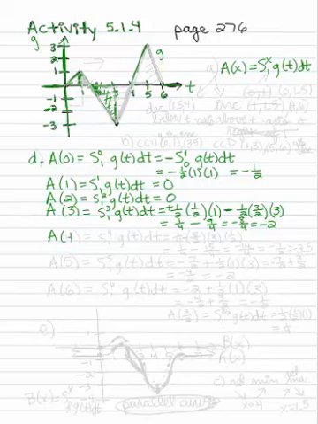So now we have A of 4, which is equal to the integral from 1 to 4 of g of t dt. And notice we have the same little part of the triangle above the t-axis, so we already know that area is a quarter.